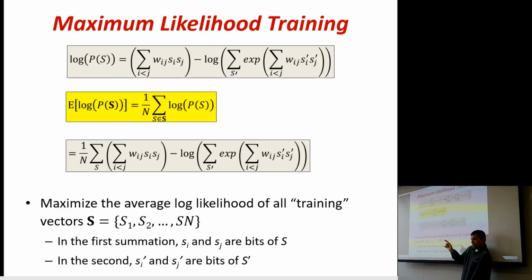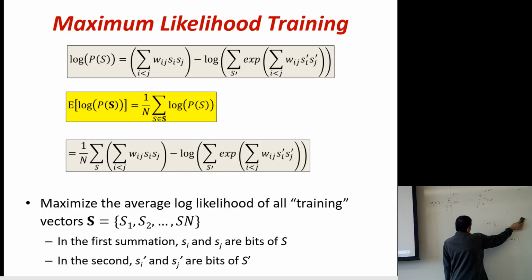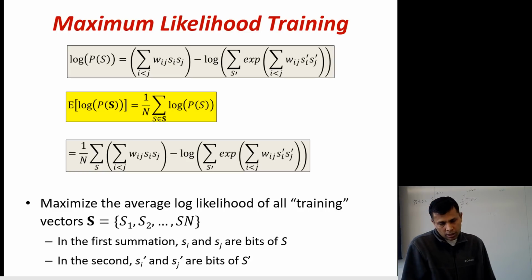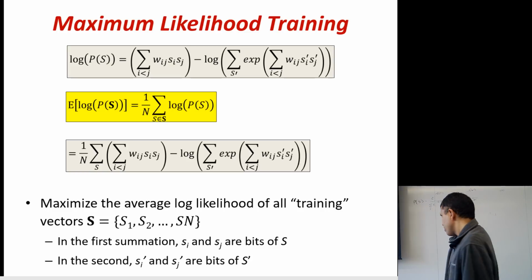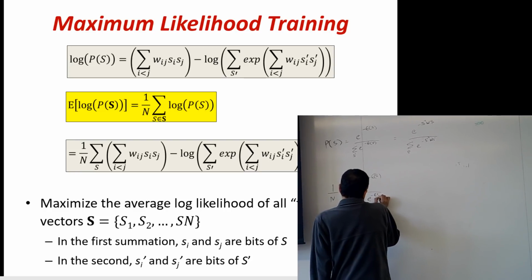So again, just to make that explicit, what I have done here is 1 over n summation over s of log of e raised to minus energy of s divided by the summation over s prime of e raised to minus energy of s prime.